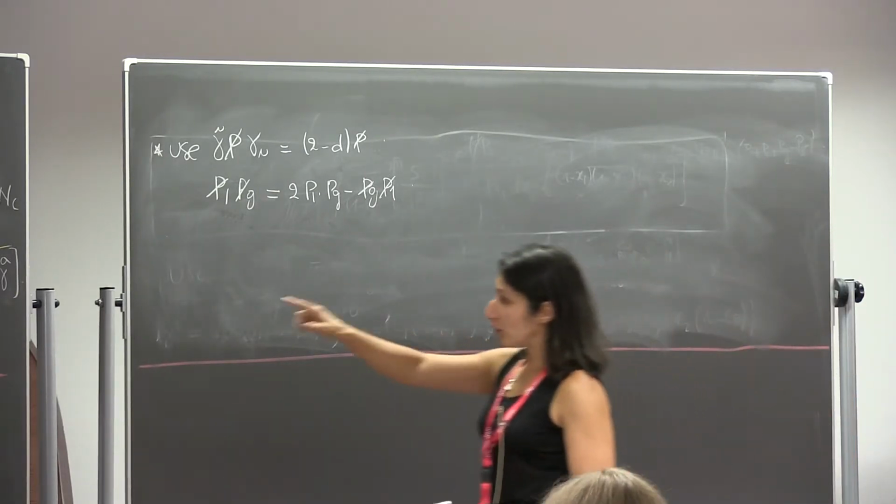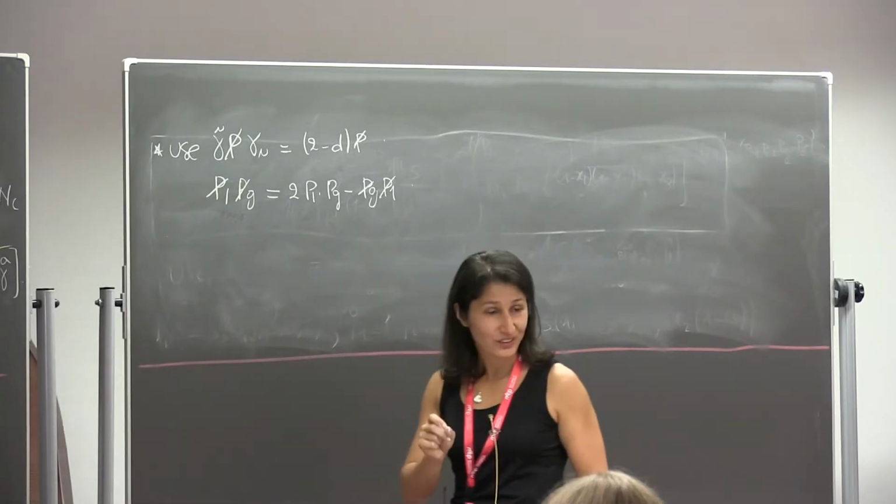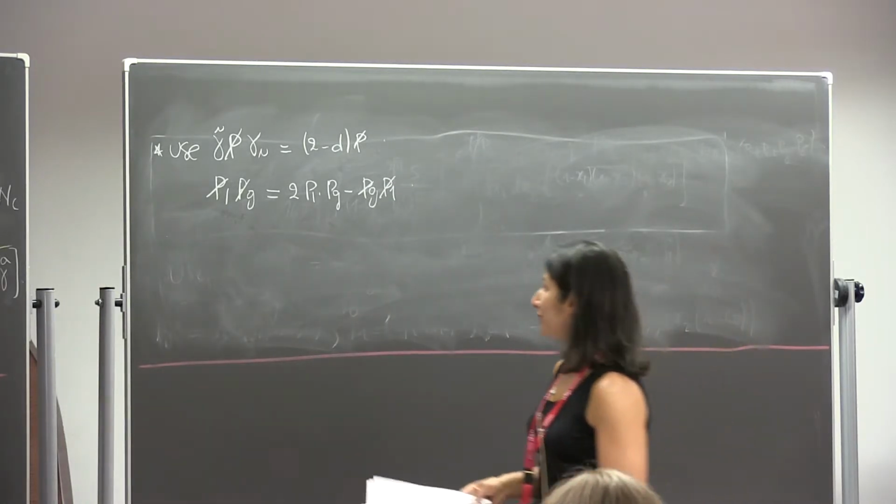So I'll give you the result. If you don't get it, if you work it on and you don't get it, let me know, okay? I can show it to you separately.